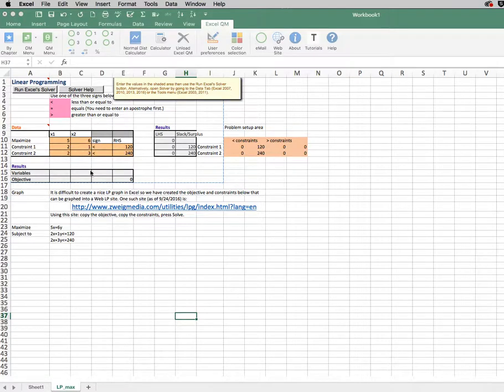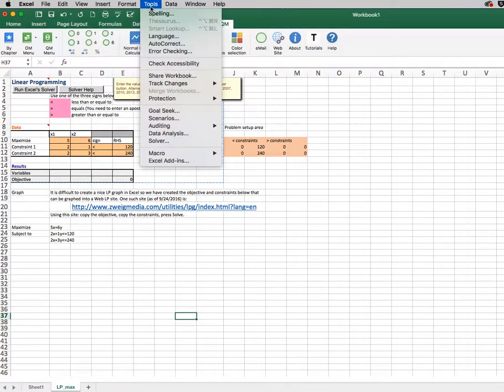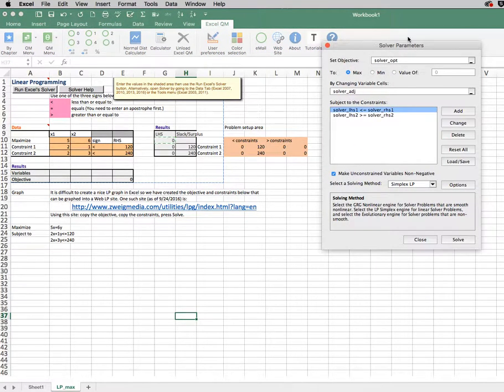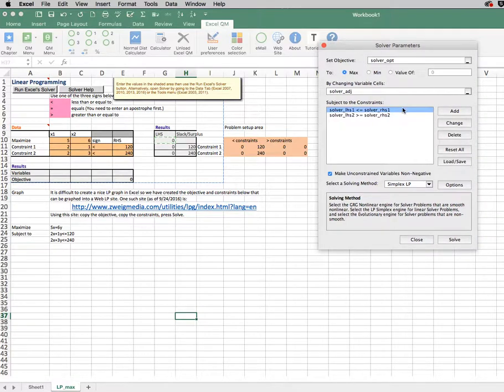So from the standpoint of getting the solution, we would come up to Tools, and we would come down to Solver. So you may have to go ahead and install the Solver if you're in a Mac environment. So we hit Solver, and you're going to get this drop-down menu. That's going to be Solver Parameters. Everything is okay, so all that you want to do is come down here and hit Solve.